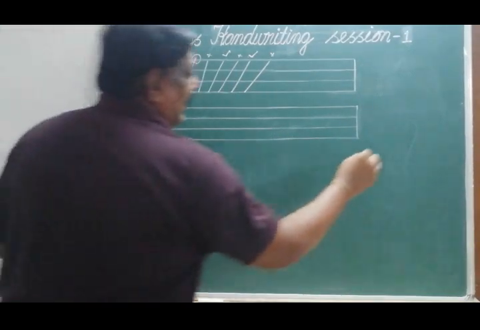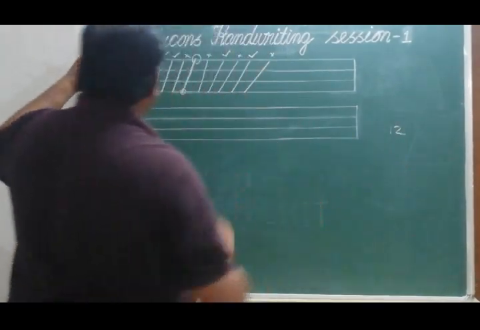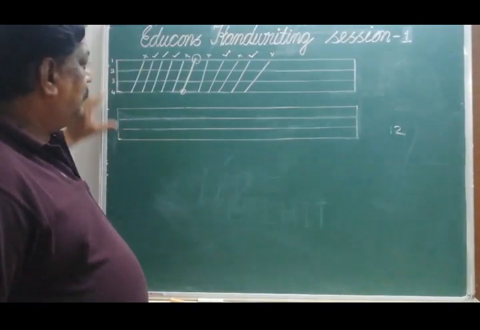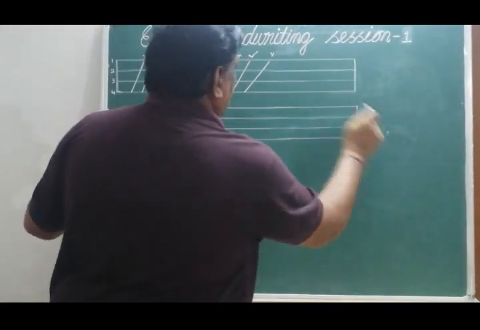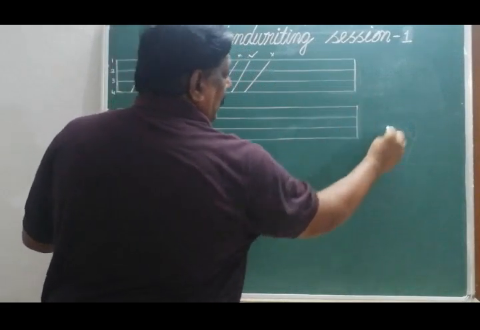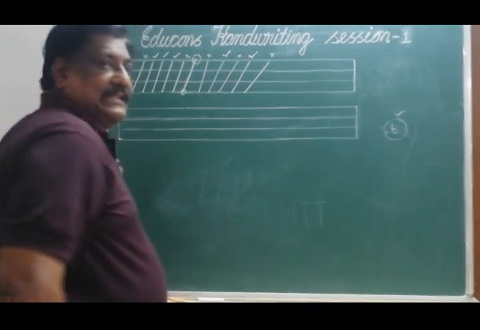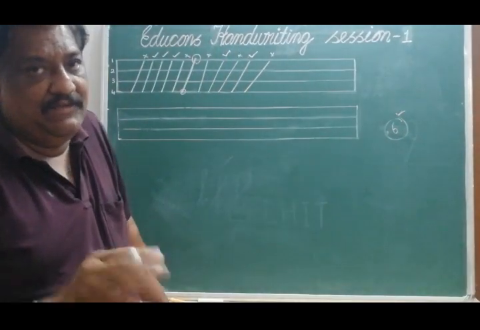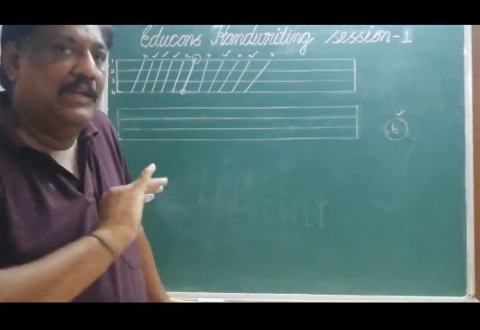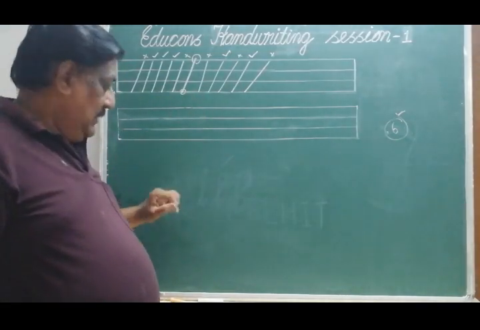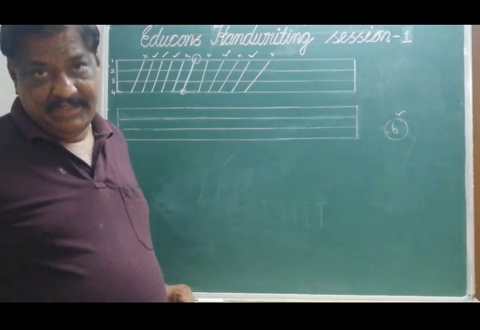So there will be 12 sets of lines like this in the sheet. So you first finish 1, 2, 3, 4 up to 6. Okay, then leave a space. For 1 hour or 1.5 hours, you just keep the book and be relaxed. Again come, take the same sheet, the next 6 lines you complete.